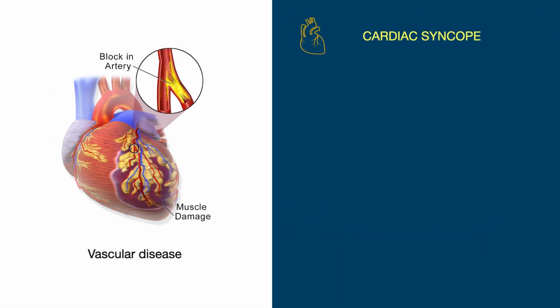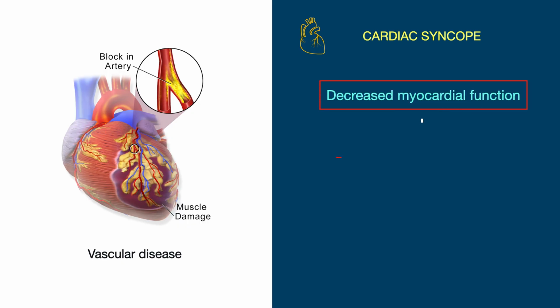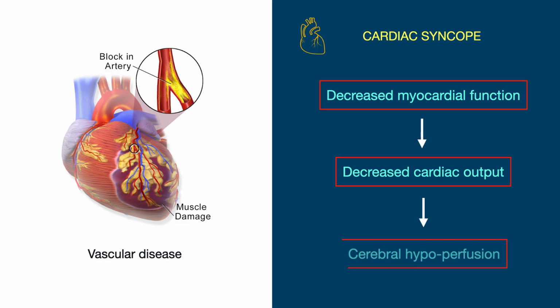Vascular disease such as an atherosclerotic plaque causing coronary artery occlusion may lead to myocardial ischemia. Ischemia or infarct can decrease the myocardial function, leading to a reduction of cardiac output causing immediate cerebral hypoperfusion. This is an important cause of syncope to exclude.